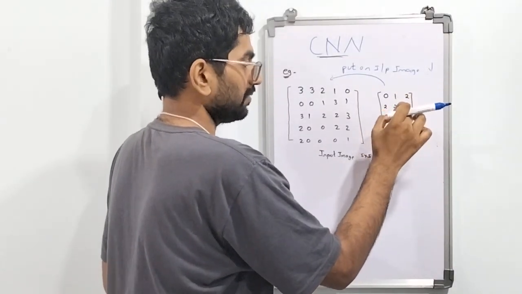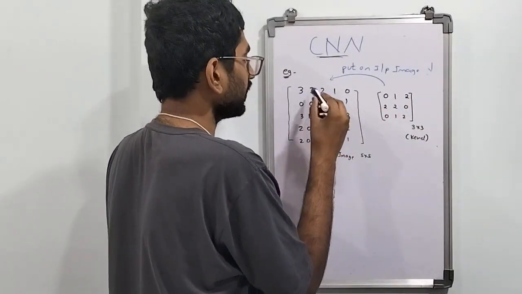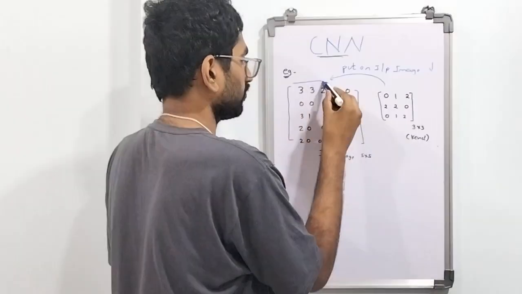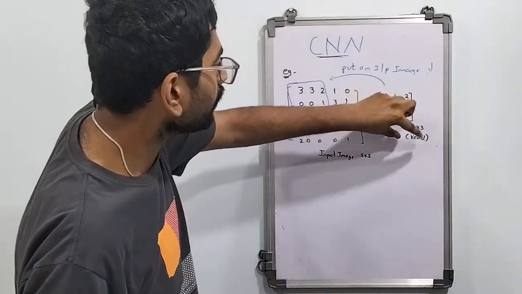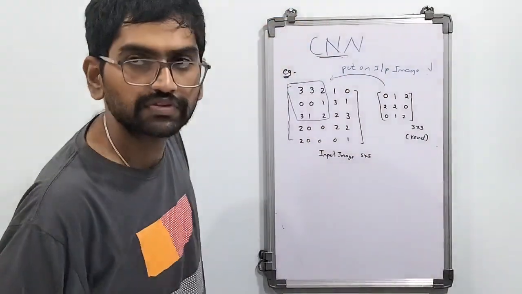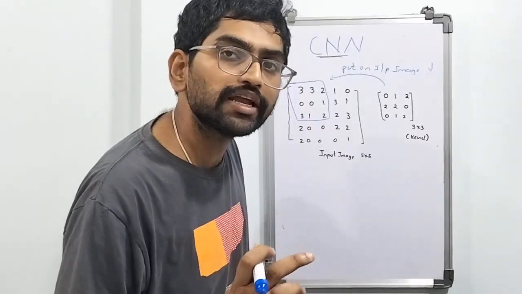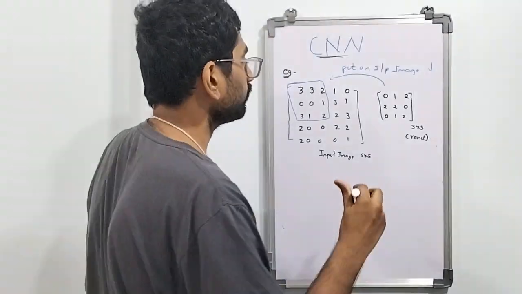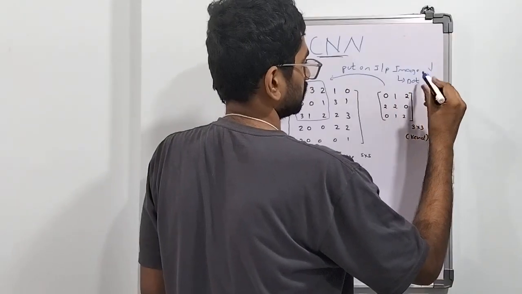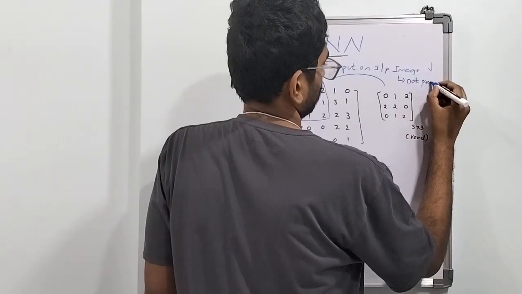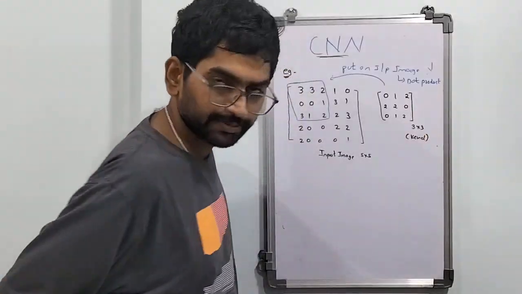So there are 9 elements, and you have to select 9 elements like this. You will select this particular part. Now you have to put this kernel on this part of the image, and after putting it on the image, you have to apply the dot product.